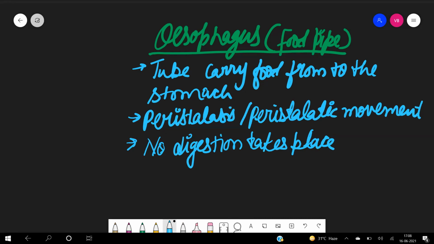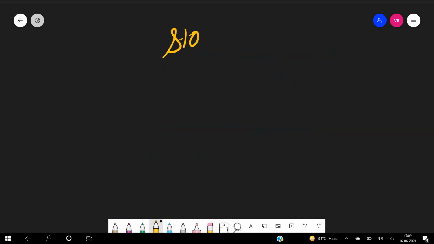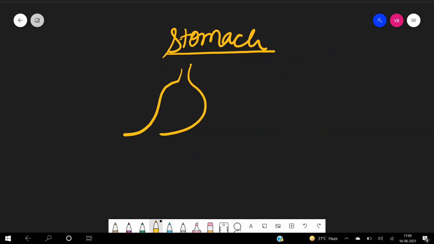Okay. After that, the next organ is the stomach. So, the stomach is a bag-like structure. The stomach is a J-shaped or bag-like structure.